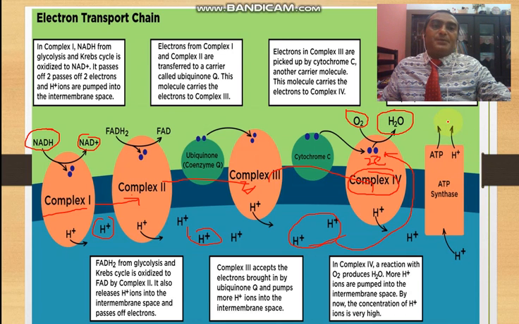One NADH is utilized to produce 3 ATP molecules. 3 ATP are produced by a single NADH.